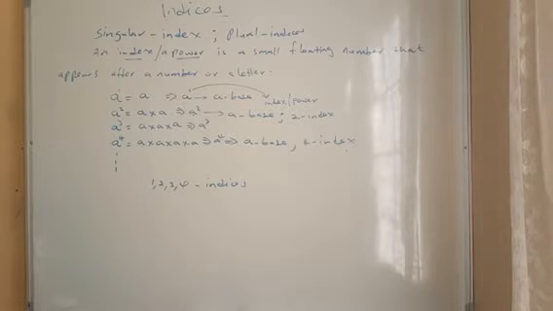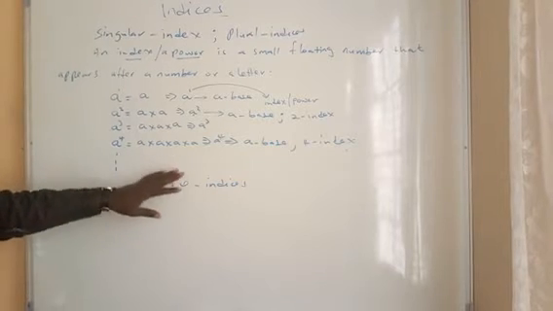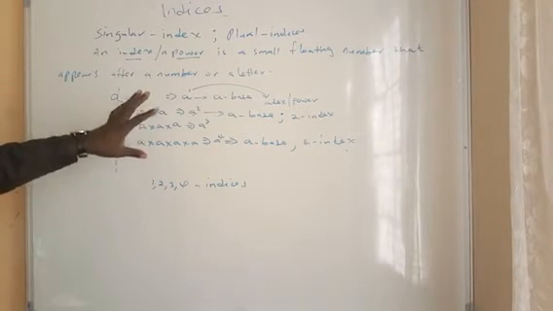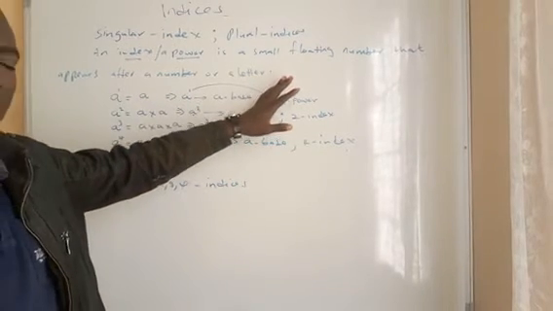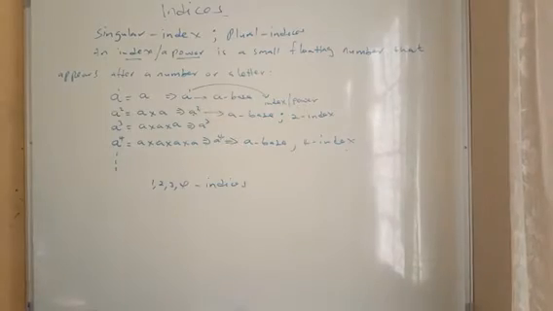So this chapter will deal with this. I've been able to define what a base is and what an index is. When many indexes come together, they are known as indices.